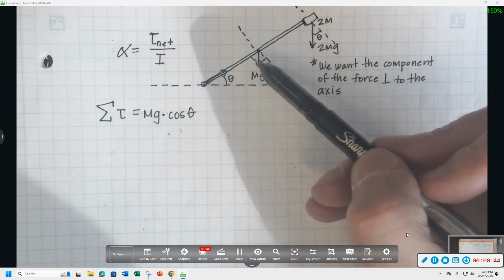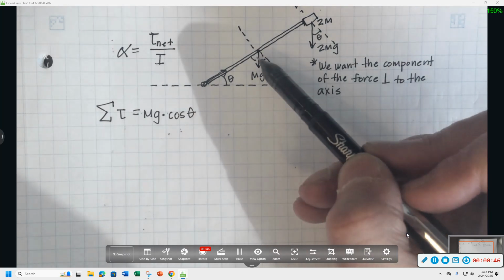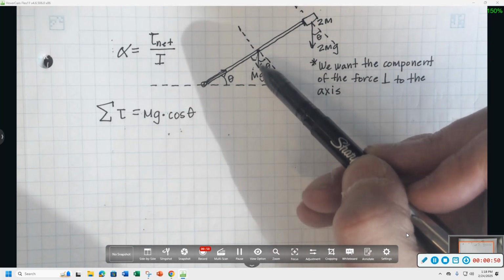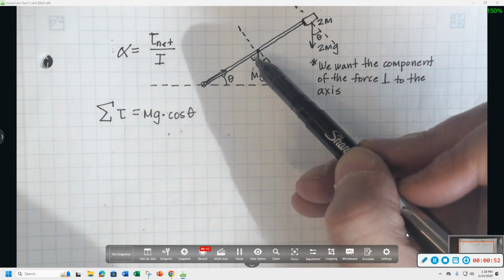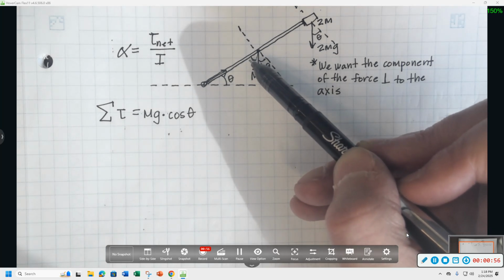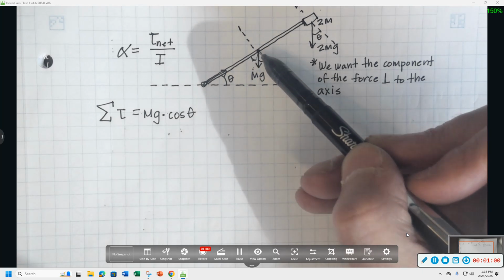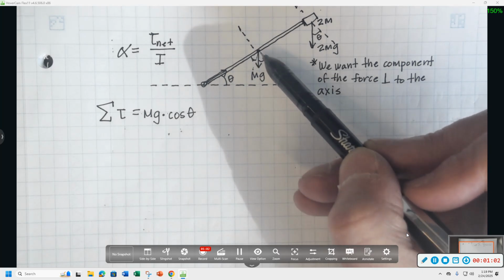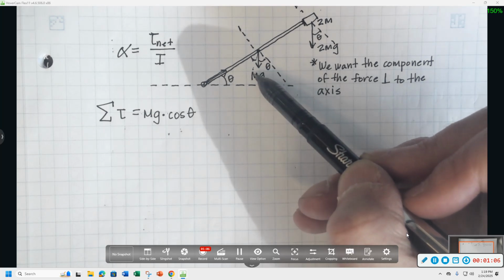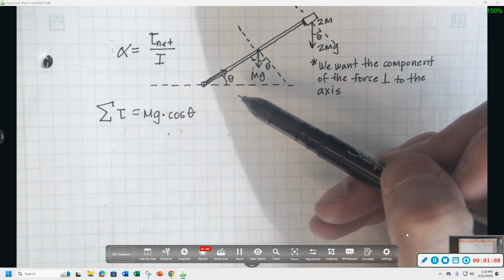Because that's really, if we're talking about the axis of rotation and the axis where the force is going here due to gravity, this is the angle that we're talking about. If we do it as the torque is equal to F times R sine of theta, it would be this angle here. If we're thinking about it as a force being directed along a perpendicular axis, then we're going to take mg and multiply it by cosine of theta.